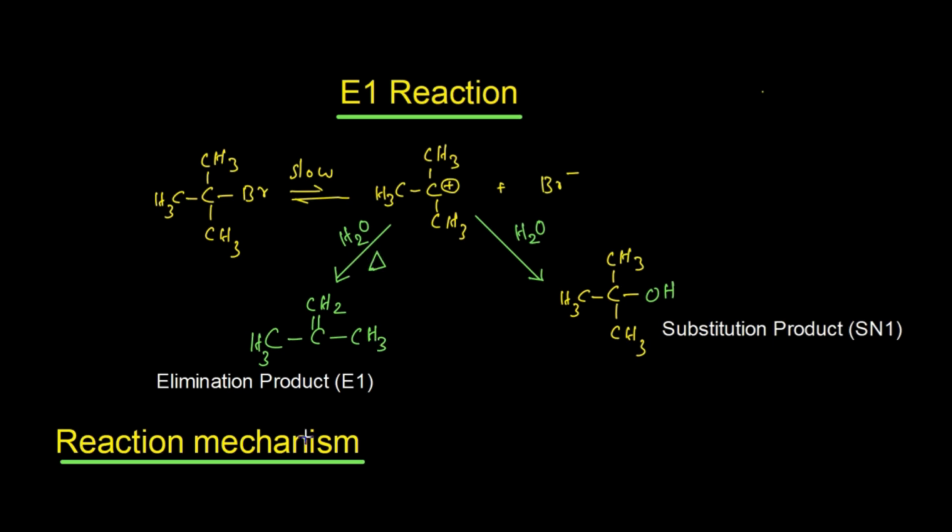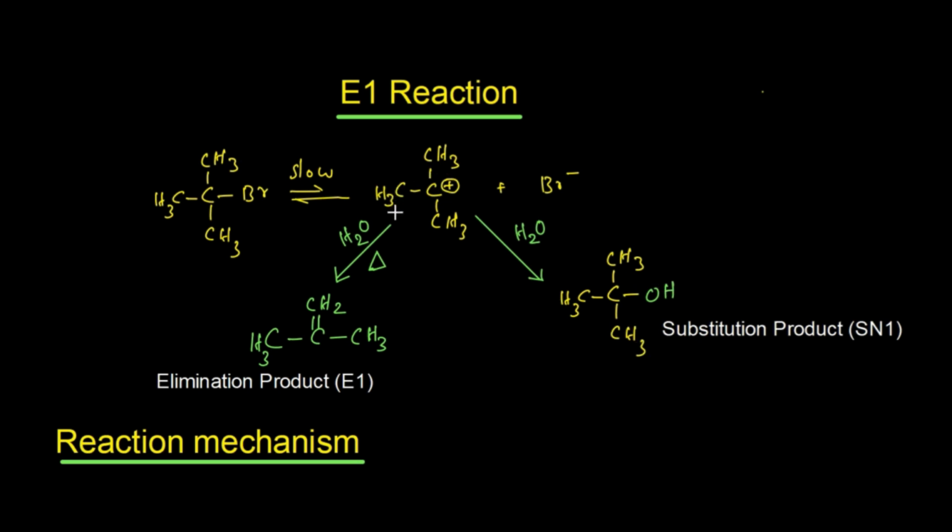and that I am going to discuss in the reaction mechanism, and it gives some other product, that is the elimination product, like an alkene. So this is another pathway by which the carbocation gets stabilized to give a different product. This is the elimination product, and here this is the substitution product.